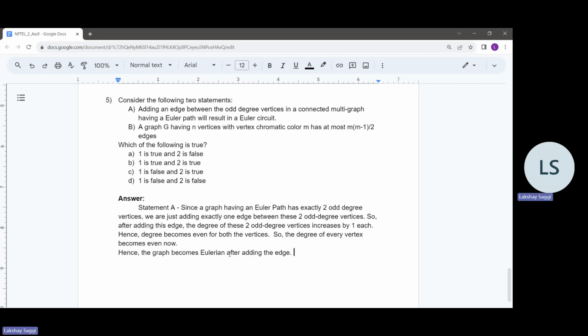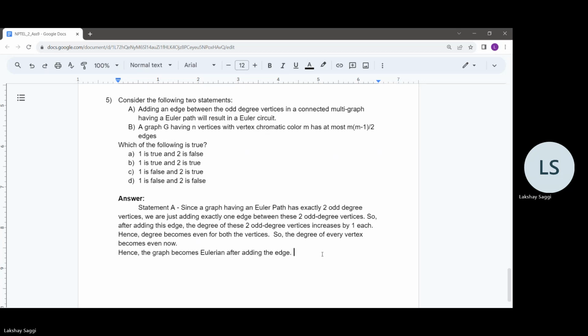And what's the property of an Eulerian graph? This has been discussed in the lectures. An Eulerian graph is a graph which has an Euler circuit. A graph containing an Euler circuit is an Eulerian graph.